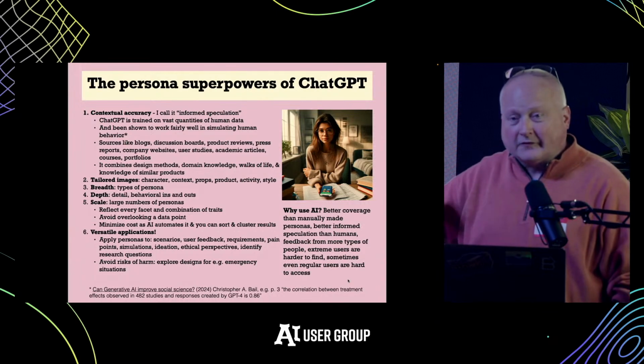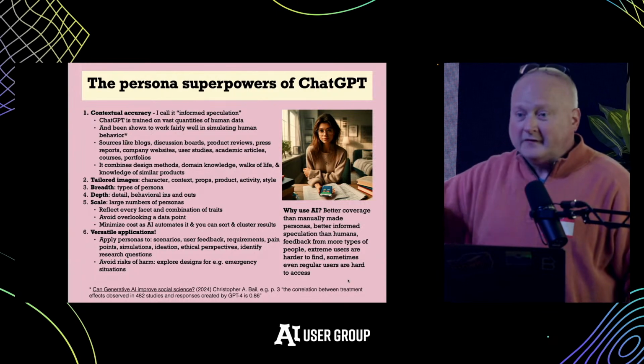That's a social science paper that looked at simulating people in ChatGPT. This particular paper is an overview. They cover many other research studies. So if you don't believe me, there's all the evidence laid out in this paper. An example is they found that the results of simulating a study with personas in ChatGPT have a 0.86 correlation.